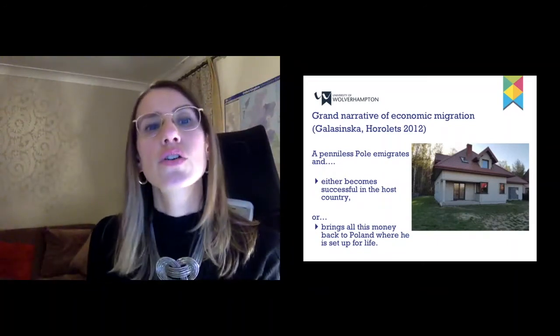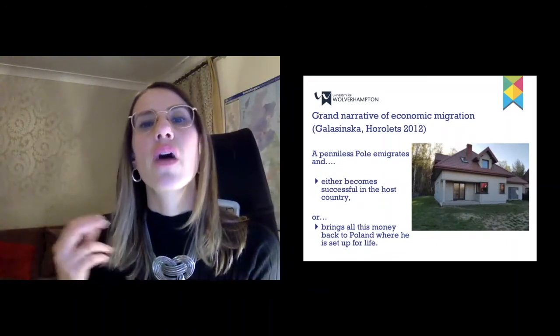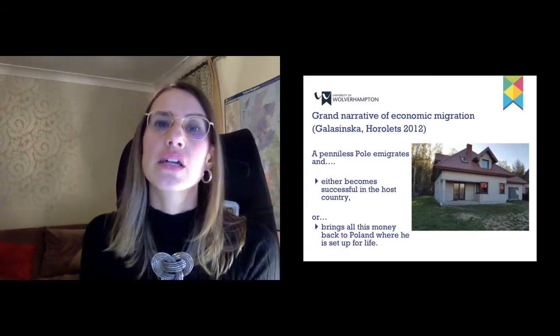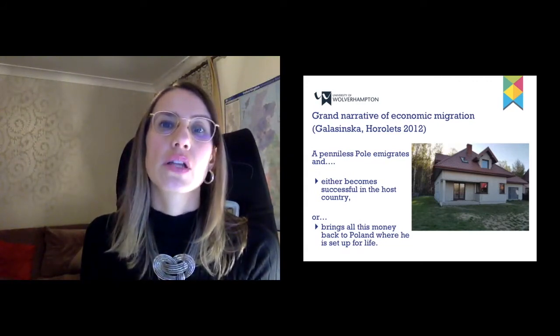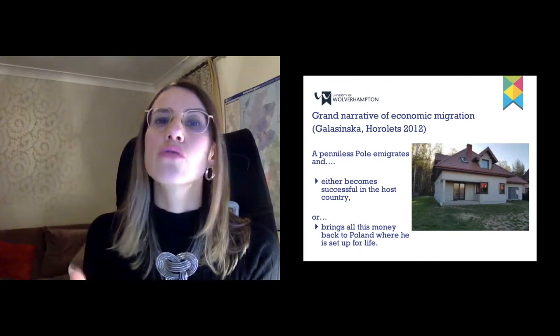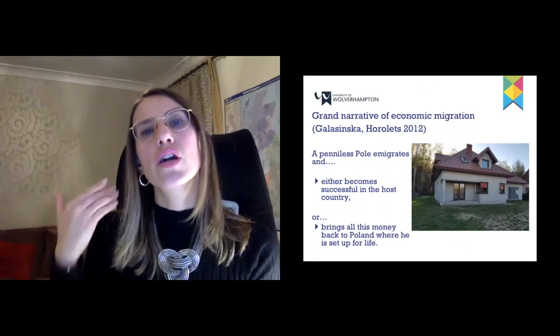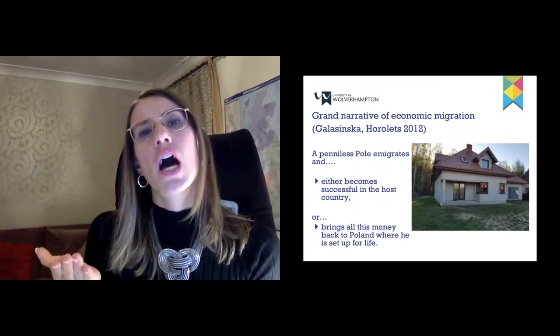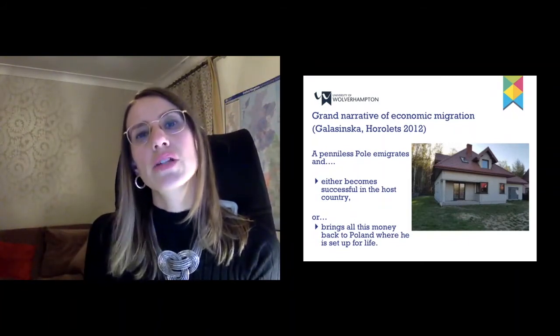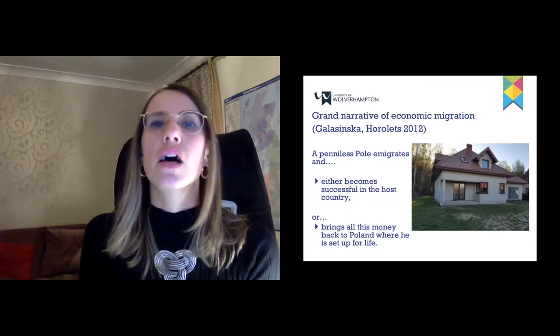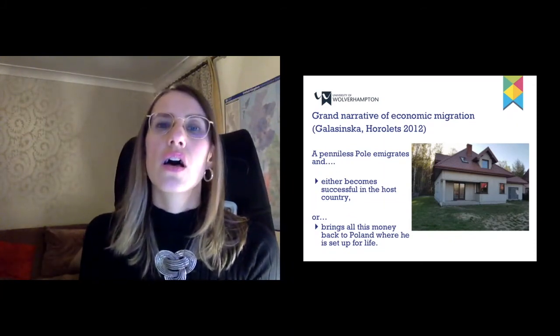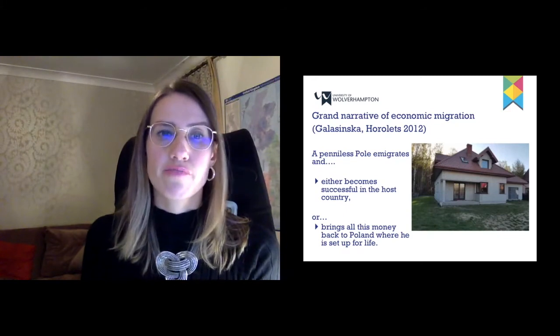So here, when we are talking about this grand narrative of economic migration found by the authors of this paper, Galasinska and Horolec, we are talking about the repetitive strategies that they saw in a repetitive number of the accounts of Polish migrants.